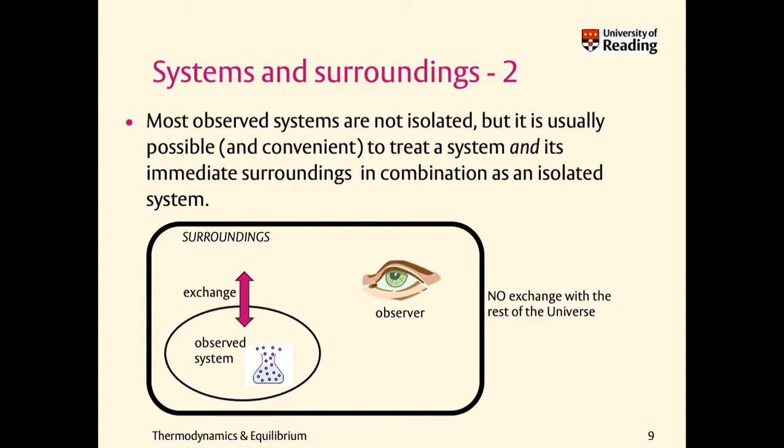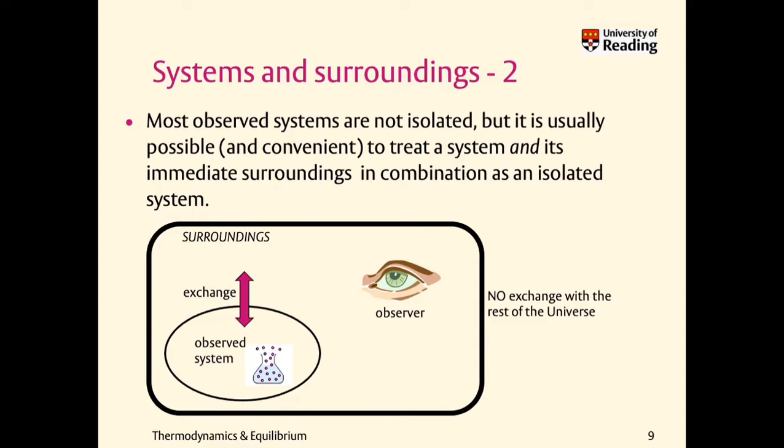But it's usually possible, and it's often convenient, to treat the system and its immediate surroundings as your isolated system. So to define your system as both the flask and the immediate surroundings within the laboratory that the flask is sitting in. So as the observer, your system is everything that you can see in front of you.